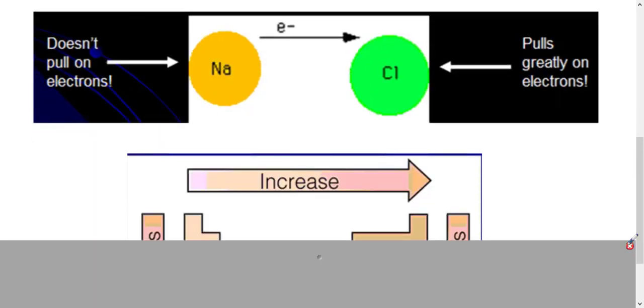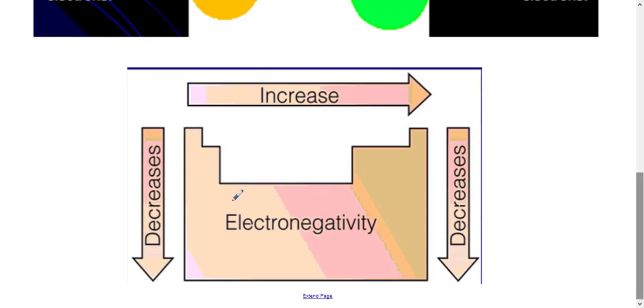If you like these images, okay, electronegativity is going to decrease as you go down the periodic table. It's going to increase as you go across. It's going to decrease as you go down because electrons are further and further away, so they don't feel very much pull. And these are your metals. Okay, so your metals don't even want to gain electrons.